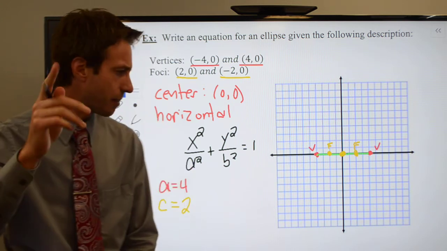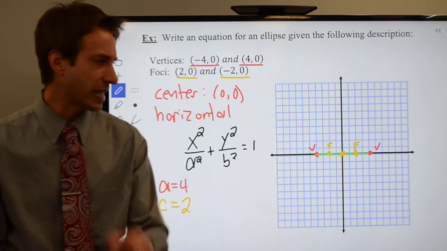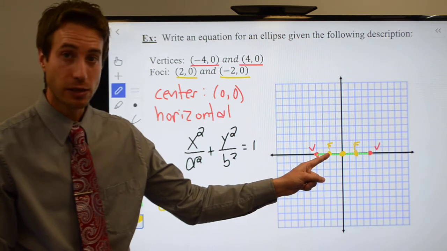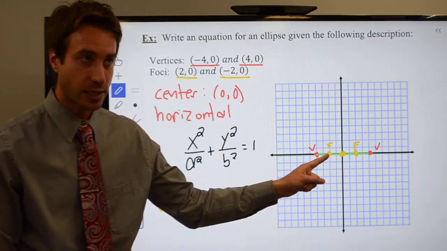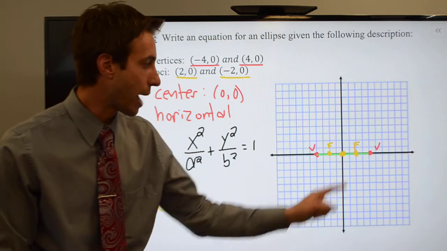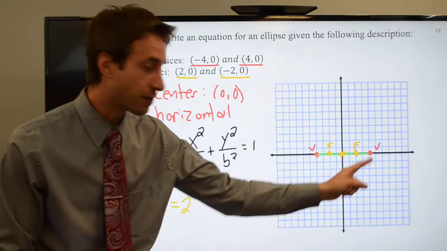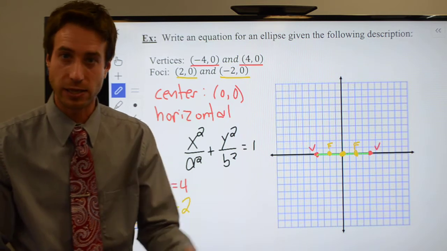Actually, here's a great point. Let me stop and make this note. Distances are never negative. So even if you were to measure the distance from the center to this focus, which is at negative 2, 0, distances are never negative. We always take the absolute value. So either way, whether you measure from the center to this vertex or this vertex, the absolute value is 4, and distances are always positive.